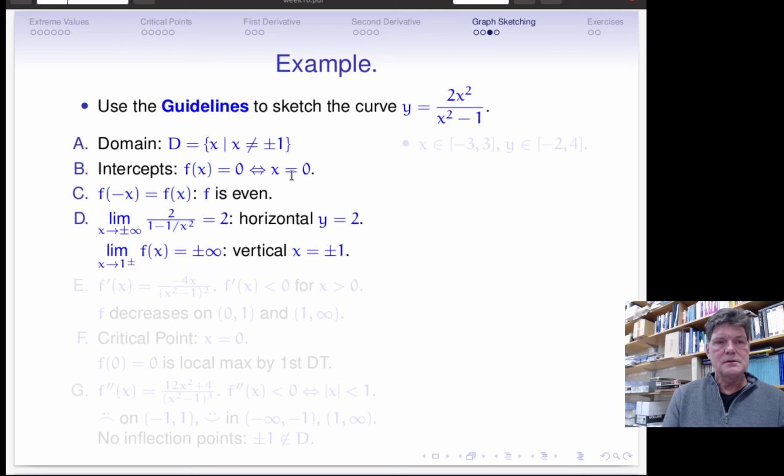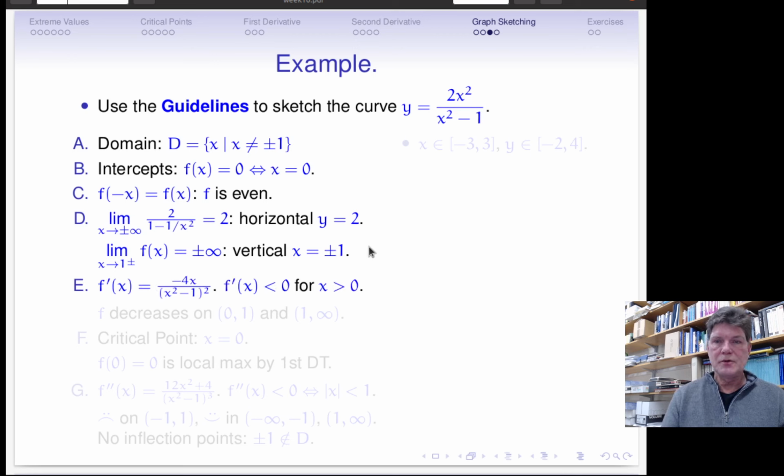Then at the points that are not in the domain, we see that the one-sided limits of the function go to plus or minus infinity. That makes vertical asymptotes, one at x equal to minus 1 and one at x equal to 1.